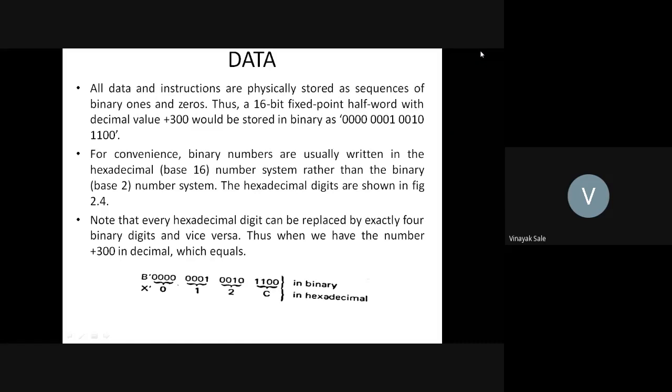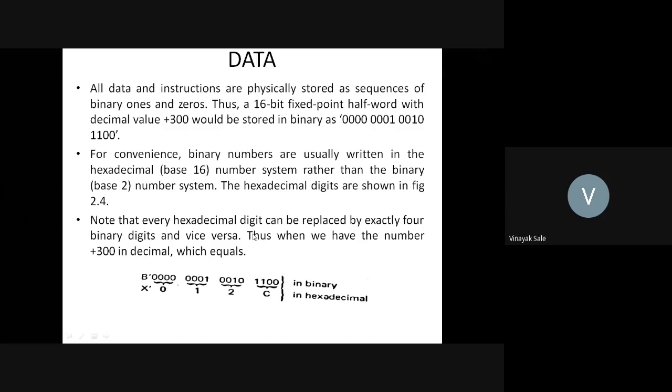Now you have learned how to convert binary to hexadecimal, decimal to hexadecimal, and so on. There are number conversions. So every hexadecimal digit can be replaced by exactly 4 binary digits, and vice versa.